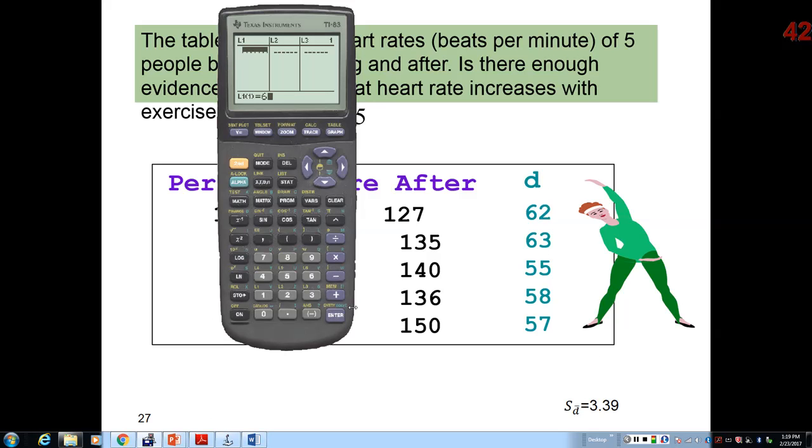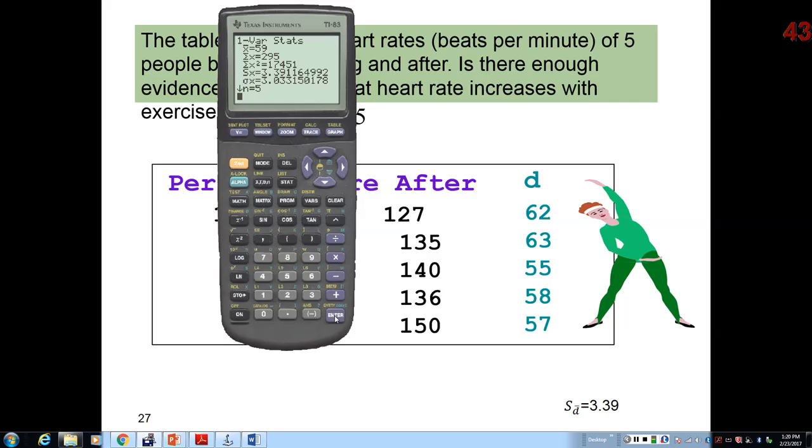So I'm going to have 62, 63, 55, 58, and 57. Okay? So I'm going to go stat, calc, one variable stats, and L1. And I'm going to have my numbers. So what is my mean?